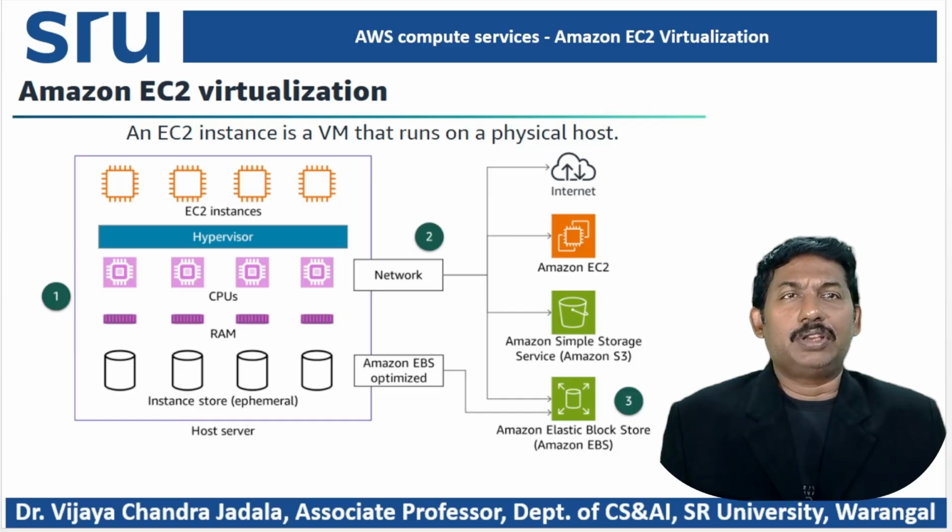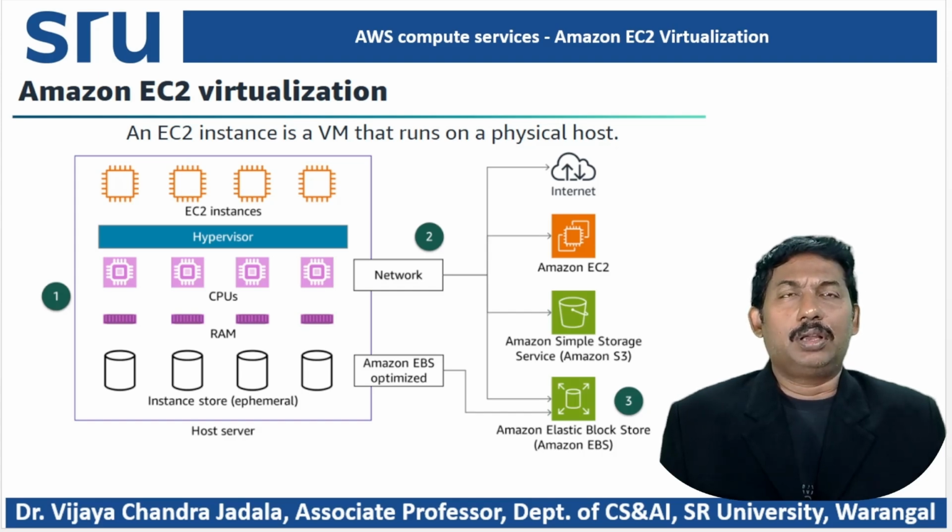So the major components here are networking, Amazon Elastic Block Store, EBS, Amazon S3, Simple Storage Service, and EBS-optimized instances. These are the major components related to storage as well as networking.